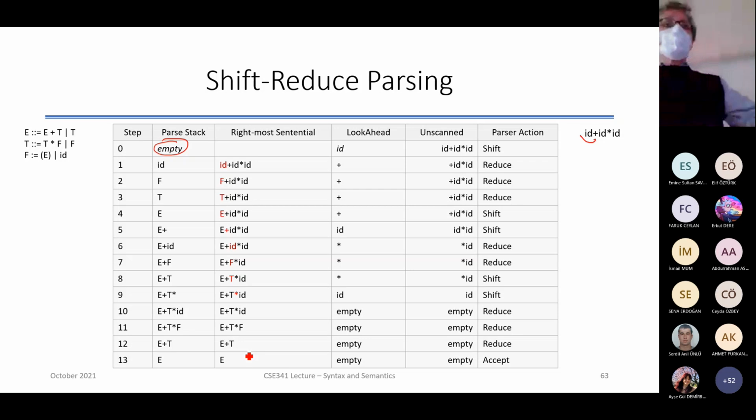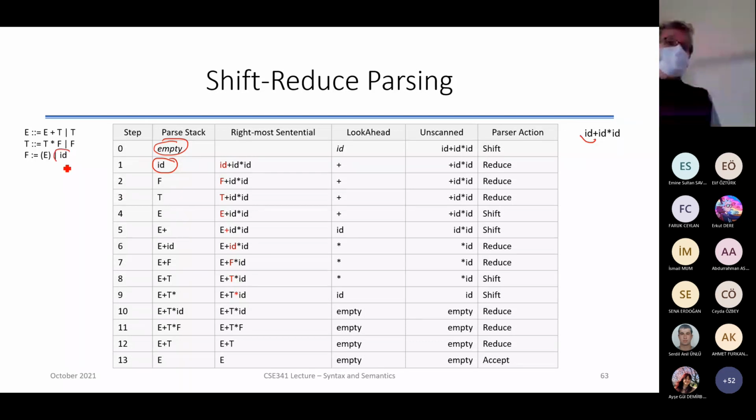So for this example, you see that it's very simple. You start with an empty stack, and in the case of an empty stack, the only thing you can do is a shift operation. Now you have an ID on top of your stack. The question is, can I do a shift, or can I also do a reduce? You can see that you can do a reduce.